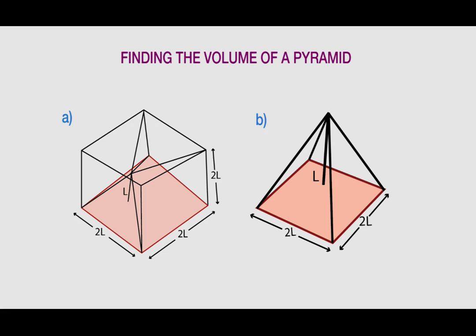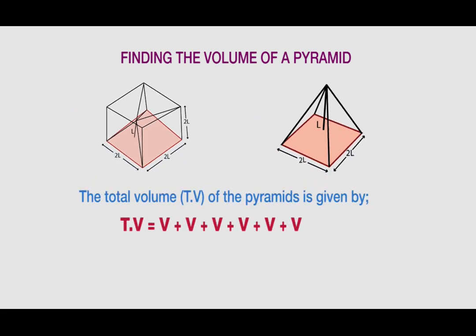The cube is divided into 6 pyramids of height L, shown in diagram B. If the volume of each pyramid is V, then the total volume of the pyramids is given by TV equals V plus V plus V plus V plus V plus V, because we have divided the prism into 6 pyramids. Therefore, the total volume is equal to 6V.